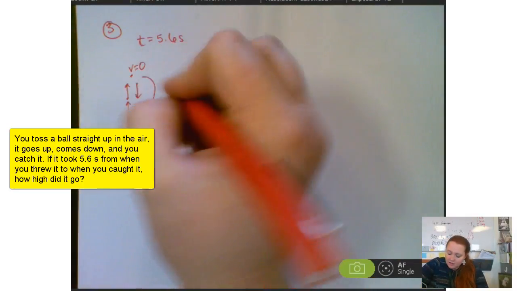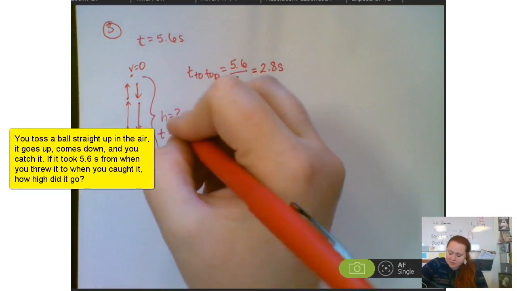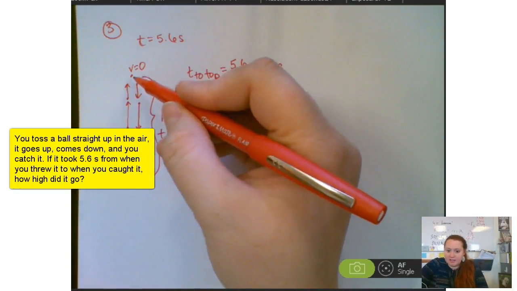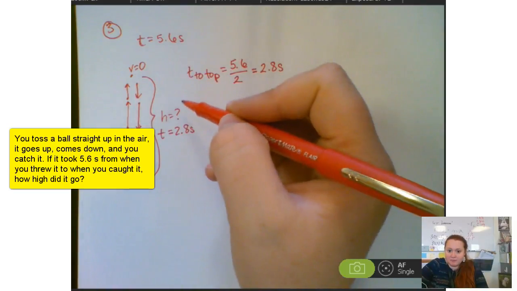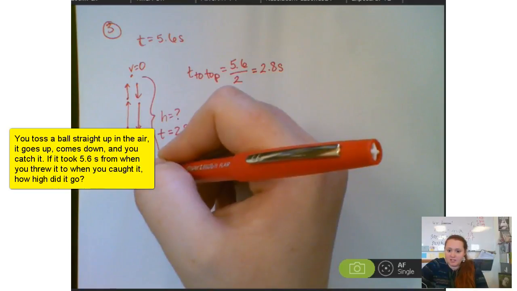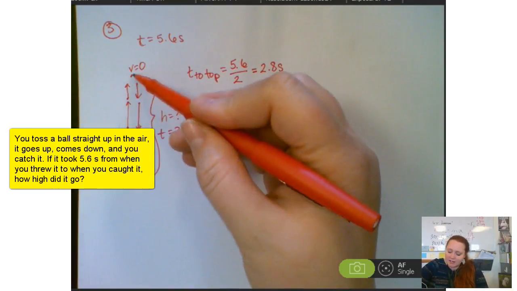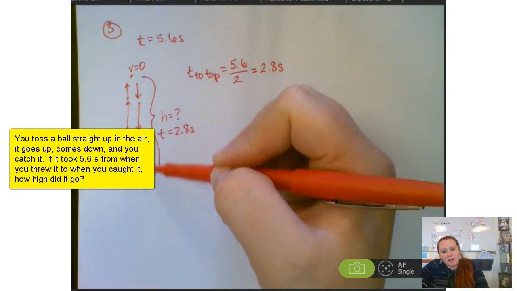From here, since I know this time now, I'm going to solve for the height. I'm going to say that my final velocity is 0. I don't know my initial velocity, but I do know the same height it travels up is the same height that it travels down.